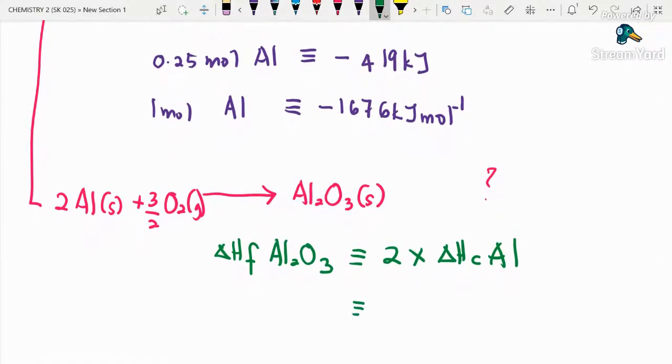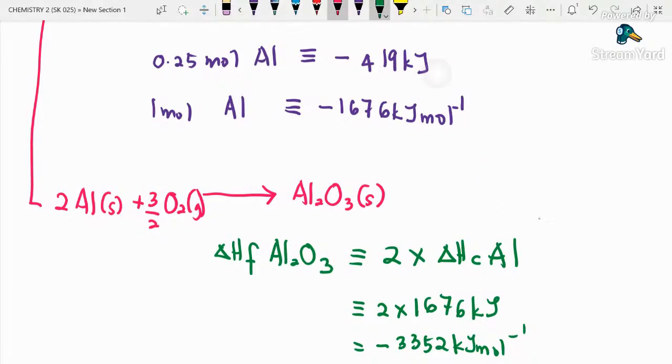So you get 2 times 1676 kilojoule, negative 3352 kilojoule per mole because it is for the enthalpy of formation.